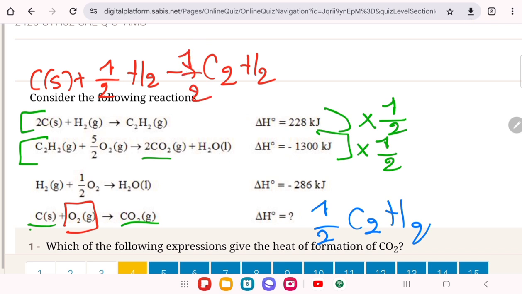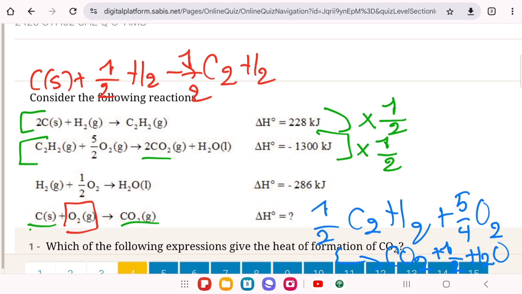So this equation over here is 1 over 2 C2H2 plus 5 over 2 times 1 over 2, which is 5 over 4 O2. I can't fit it here, so I'm just going to put it like this. It will give us CO2 plus 1 over 2 H2O.